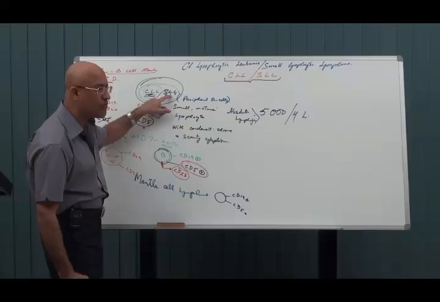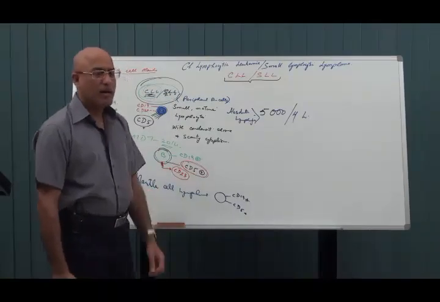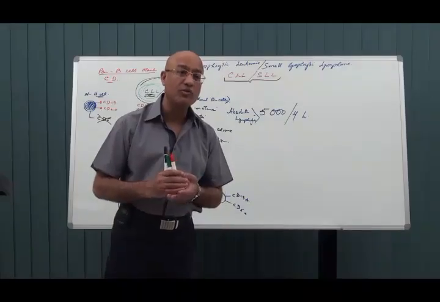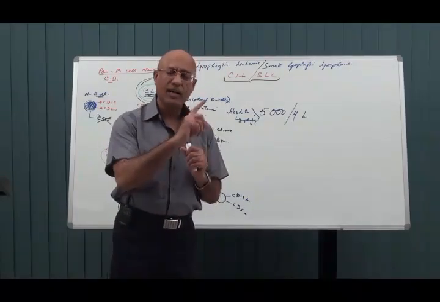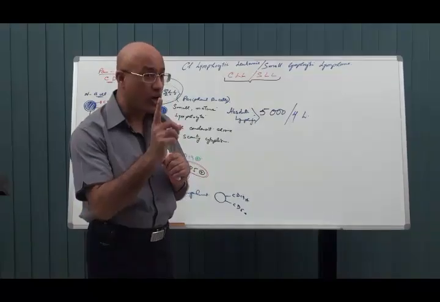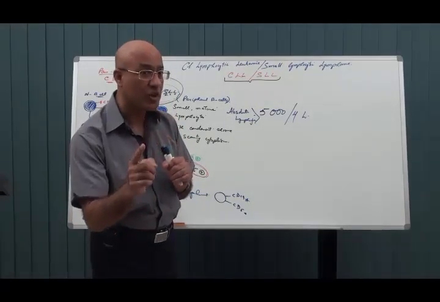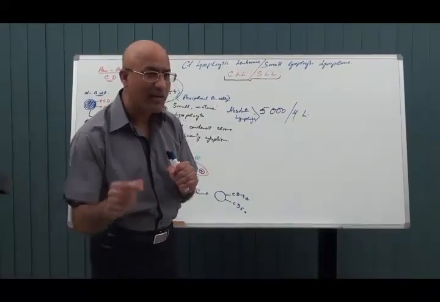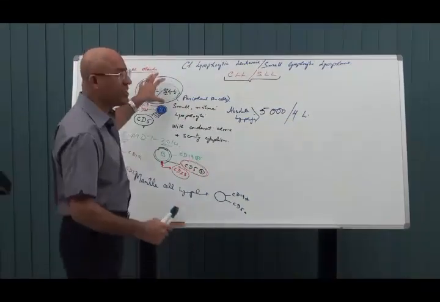Is it Hodgkin's lymphoma or non-Hodgkin's lymphoma? It is non-Hodgkin's lymphoma, because Hodgkin's lymphoma is positive for Reed-Sternberg cells or its variants. Is that right? And if it was Hodgkin's lymphoma, it would not be discussed here.